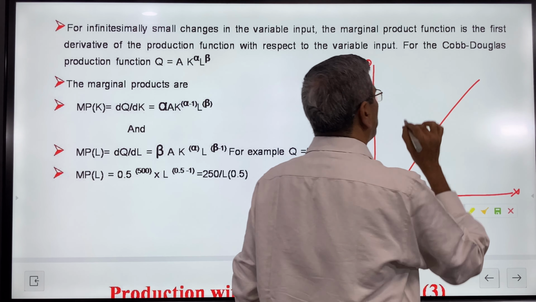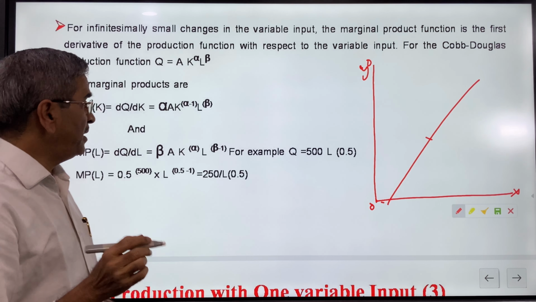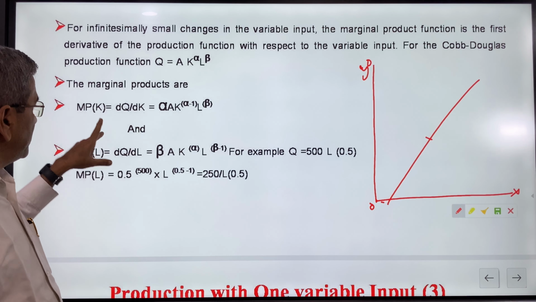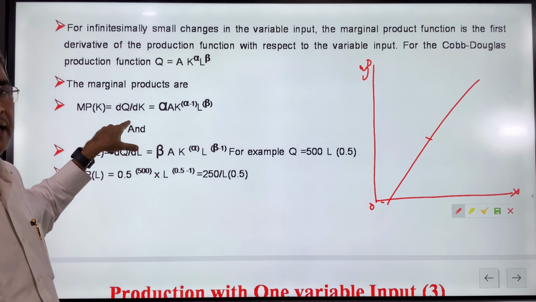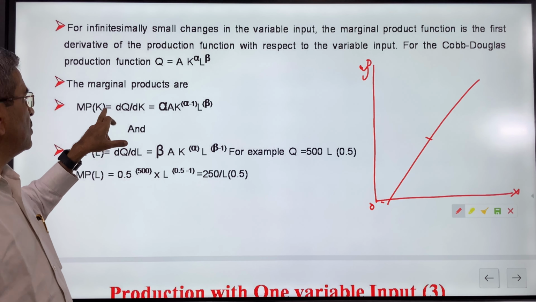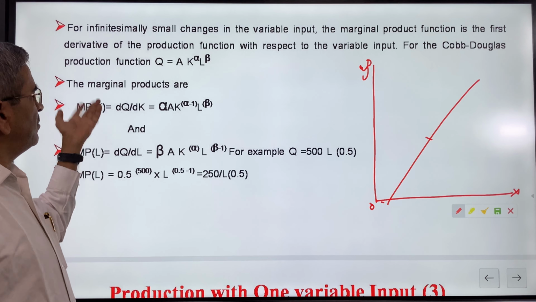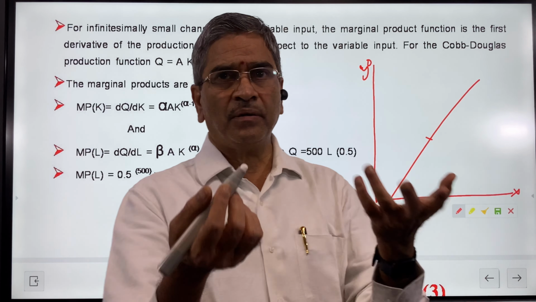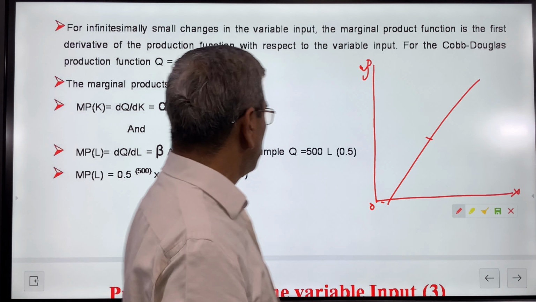At a particular point, you want to measure the labor productivity, then instead of delta Q by delta L or delta K, we use the derivative of Q divided by the derivative of K. Derivative you know very well, I don't have to teach you.